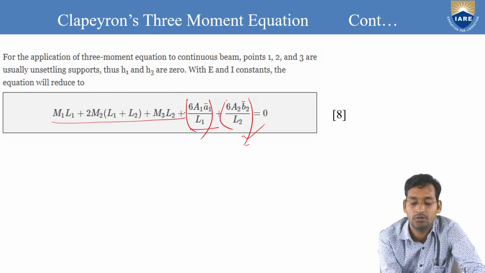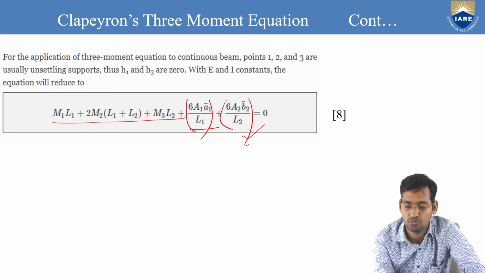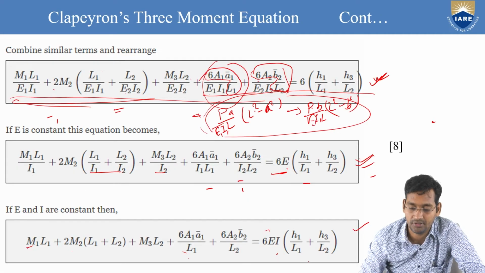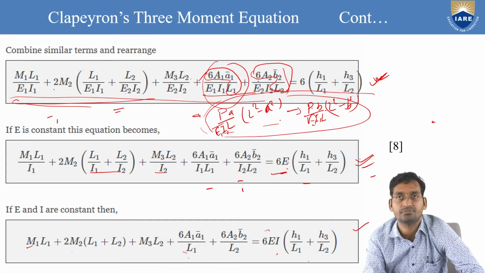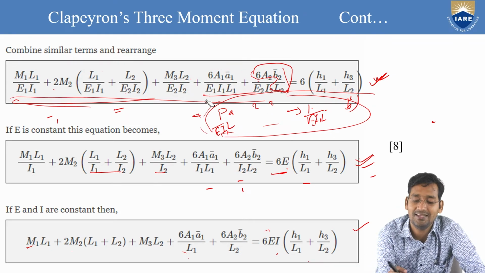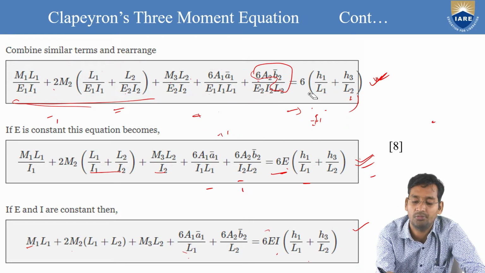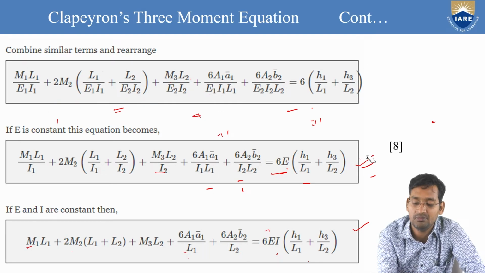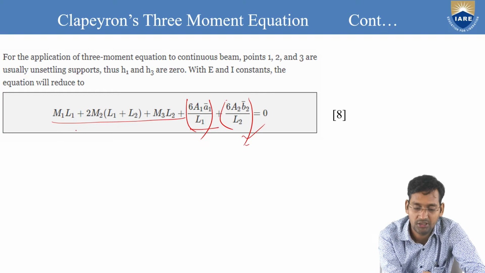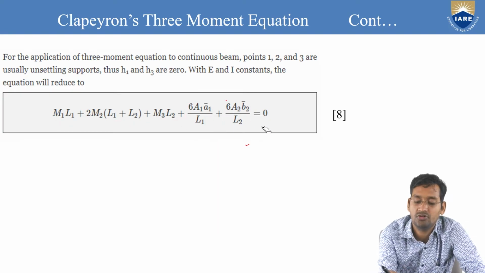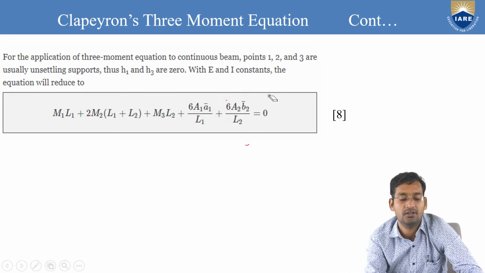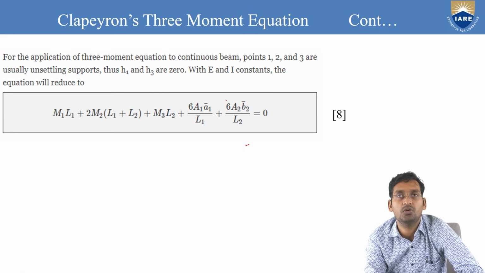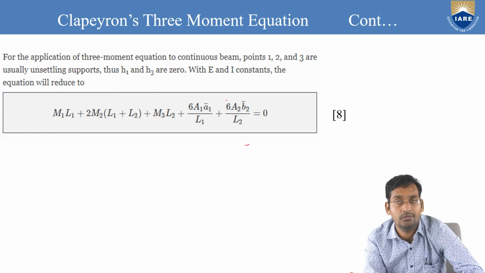So the final overall will be plus those two we added in the previous slide. Clear? So for any type of loading given, you just have to remember the value of 6AA by L and 6AB by L and substitute in this equation that equals 0, and you will get the Clapeyron three-moment equation when unsettling supports are at 0.